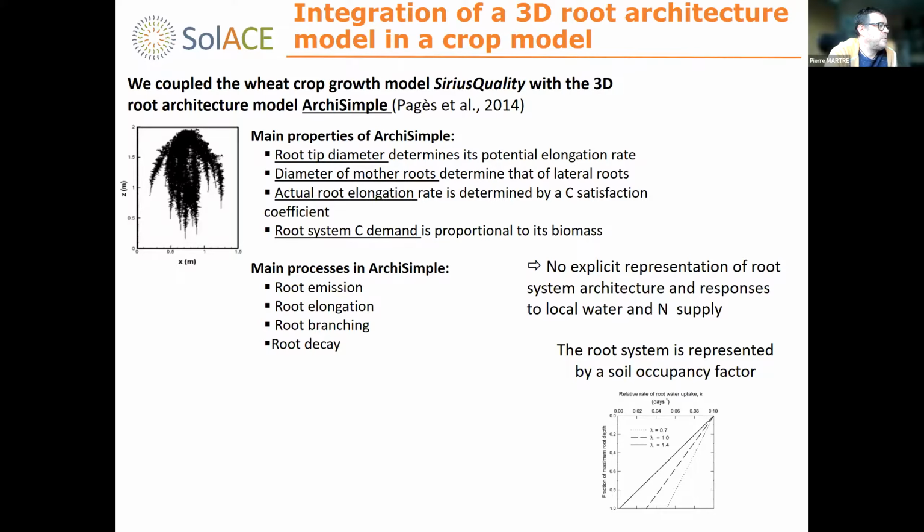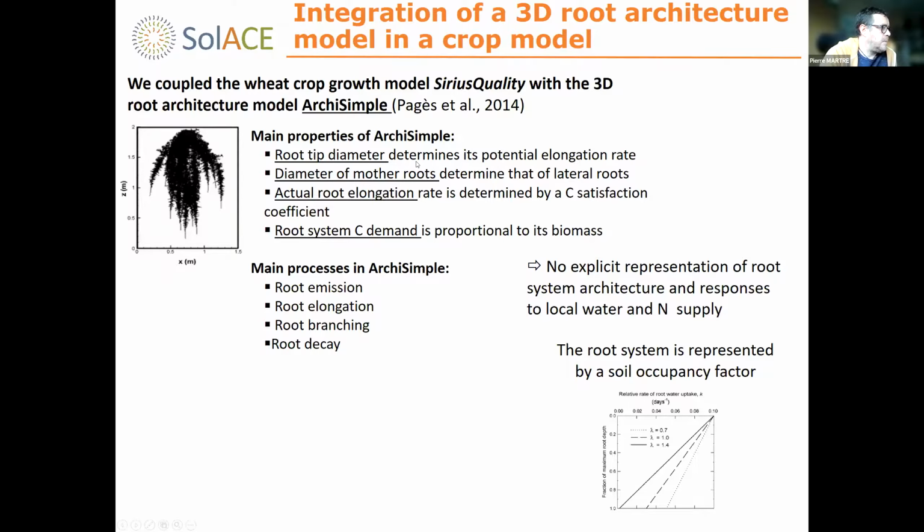The main properties of this model are that the root diameter determines its potential elongation, and the diameter of mother roots determines that of lateral roots, and the actual root elongation rate is determined by the carbon satisfaction coefficient, and that the root system carbon demand is proportional to its biomass. And so the main processes simulated by ArchiSimple are the rate of root emission, the root elongation, branching and root decay.